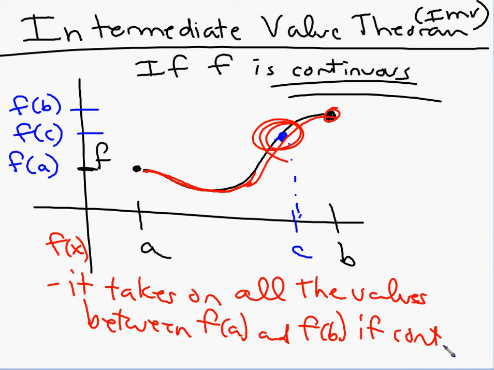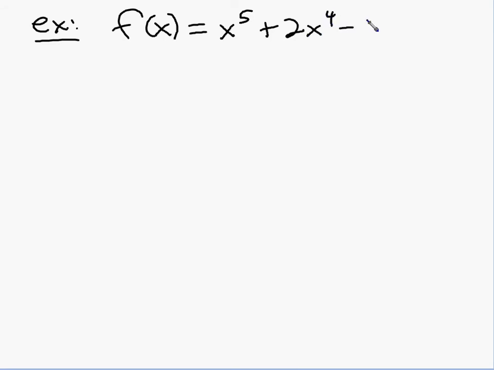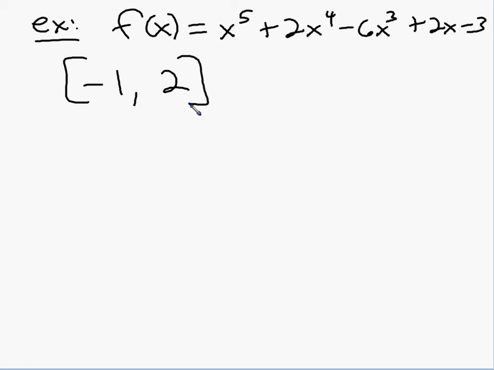So, if I had some ugly thing, let's say it's this big ugly polynomial, x to the fifth plus 2x to the fourth minus 6x cubed plus 2x minus 3, and I was told on the interval negative 1 to 2, verify the intermediate value theorem on that interval.